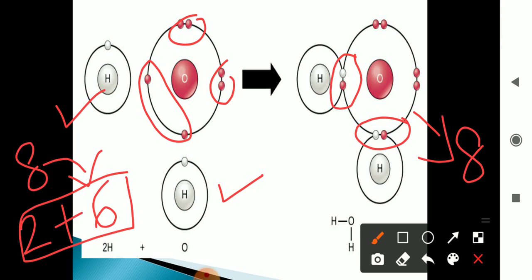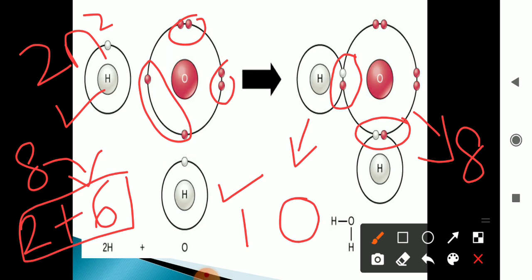Similarly, hydrogen does not have 8 electrons, but can we say it is stable? As the atomic number of hydrogen is 1, we cannot place 8 electrons in the first orbit, but the first shell can take 2 electrons as per the 2n square formula. If you put n equal to 1, the maximum in the first shell is 2. So the first shell has 2, and in that sense it is also stable.